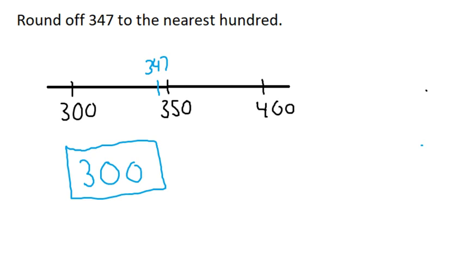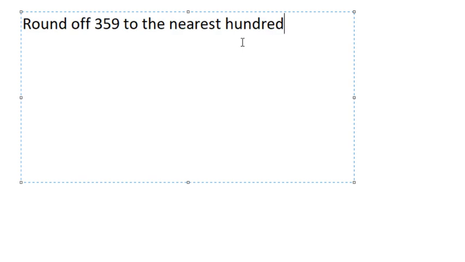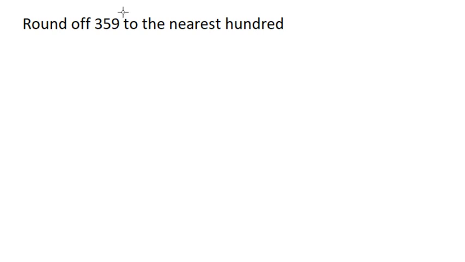Awesome. Okay, let me continue in that vein and do another rounding problem. If we want to round off 359 to the nearest 100, we can do the same thing as last time and draw a number line.